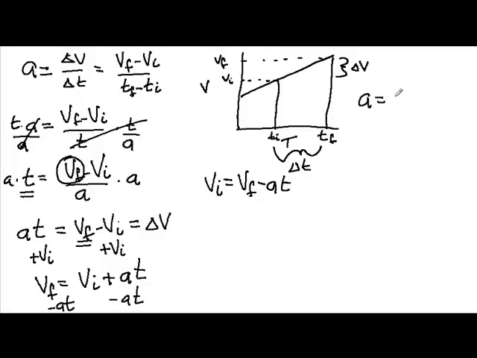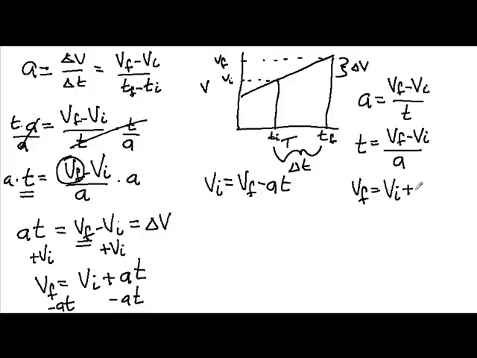My acceleration is equal to my final velocity minus my initial velocity divided by time. Remember, that's a time interval. We could also express it as time is equal to my final velocity minus my initial velocity divided by acceleration. We can look at terms of another variable. My final velocity is equal to my initial velocity plus my acceleration times time.